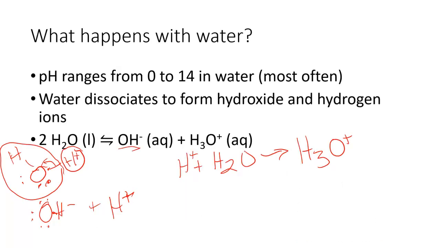You may also notice that in our equation, the reaction, we have this double arrow. So this dissociation is partial. It's a weak dissociation. So this is a very, very weak electrolyte.